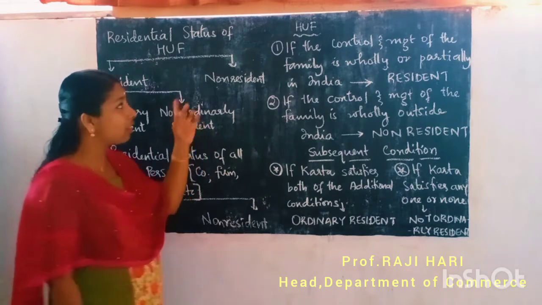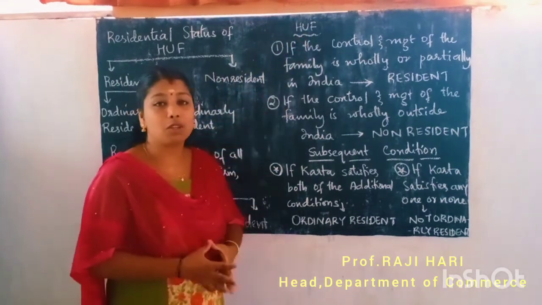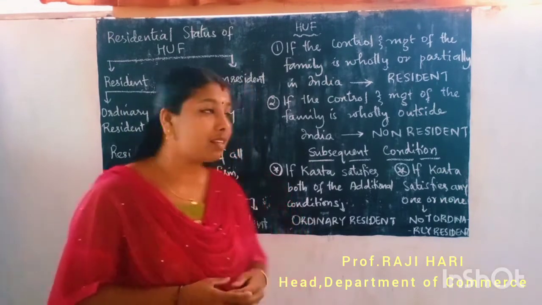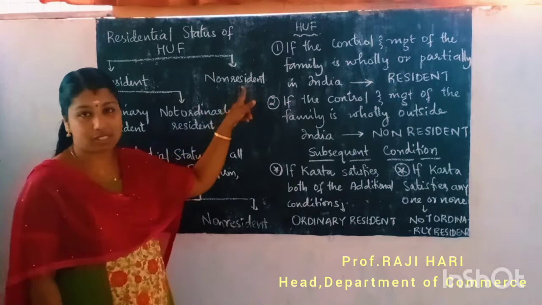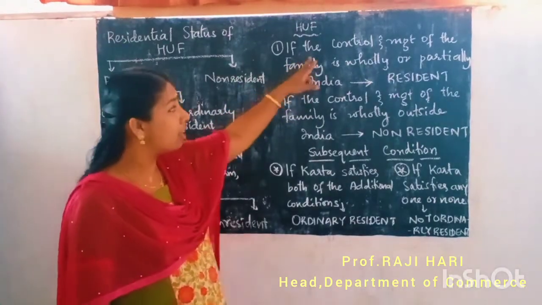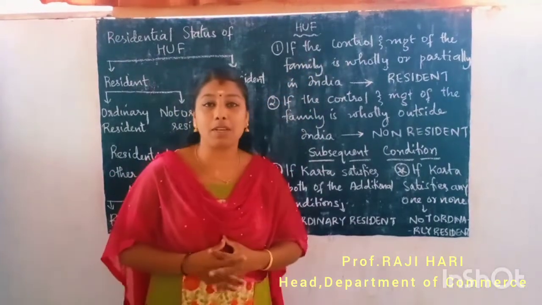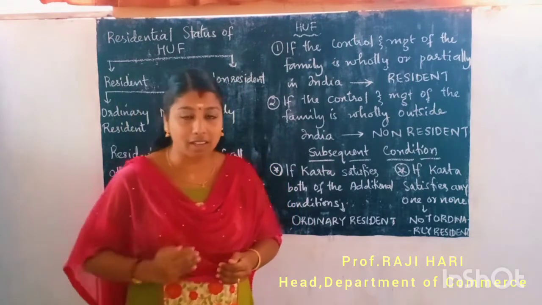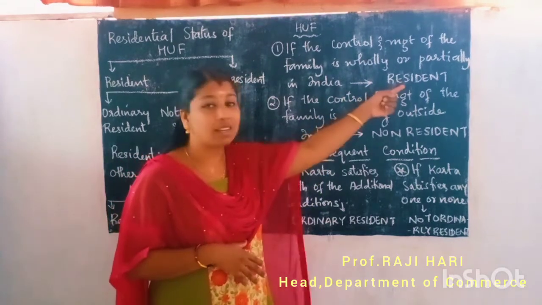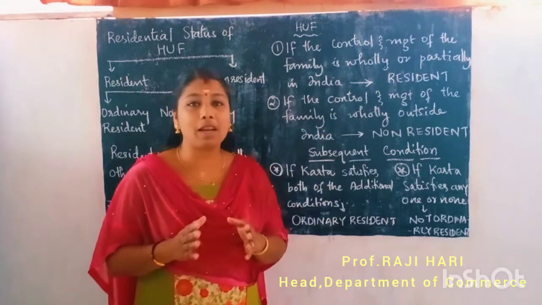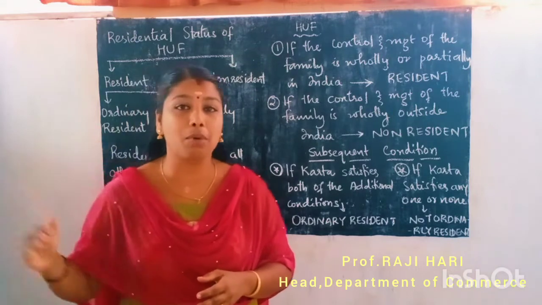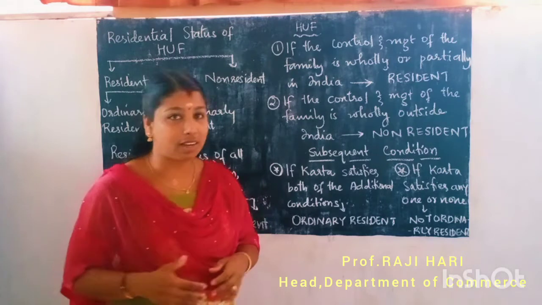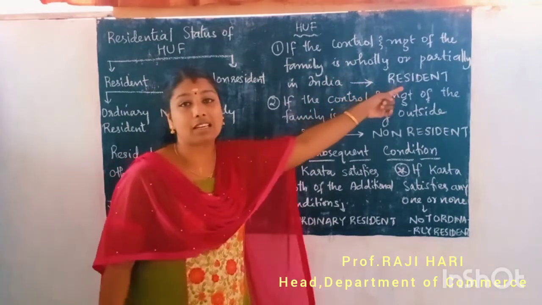So first one is residential status of Hindu undivided family. First we check whether the family is resident or non-resident. The condition is that if the control and management of the Hindu undivided family is wholly or partially in India, that family is resident. Control and management means the decision making bodies are situated either partially or wholly in India, that family is a resident family.